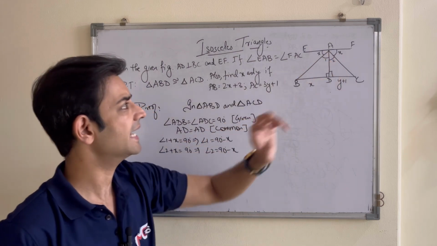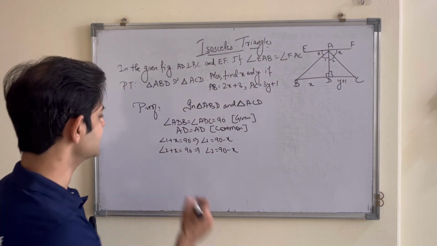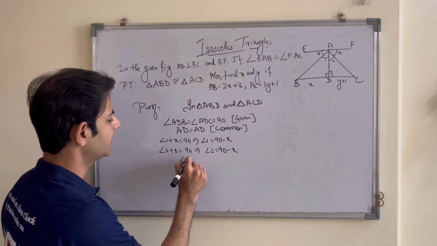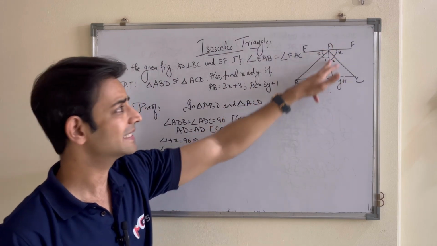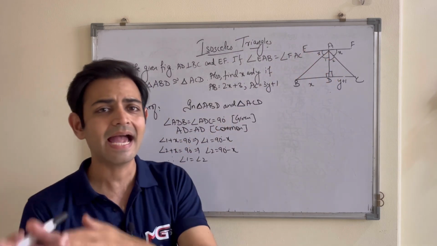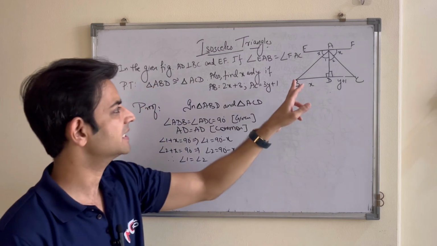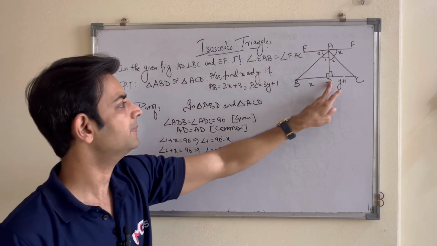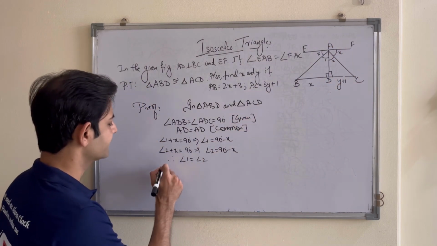So we can say angle 1 is equal to angle 2 because both are 90 minus x. Therefore, angle 1 is equal to angle 2. So these two angles are equal. This side is common and these two angles are equal. So by angle side angle, that is ASA congruency, I can say triangle ABD is congruent to triangle ACD.